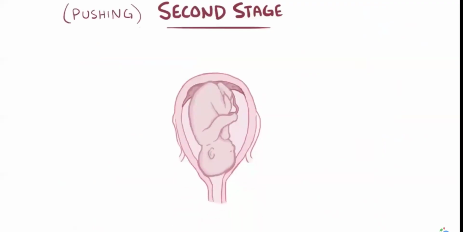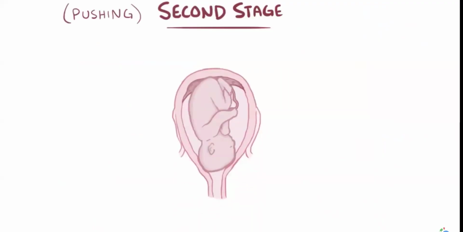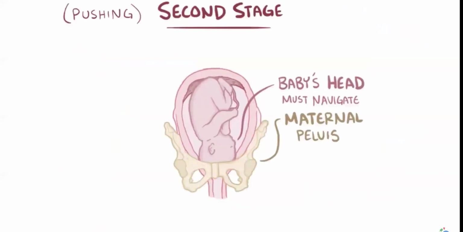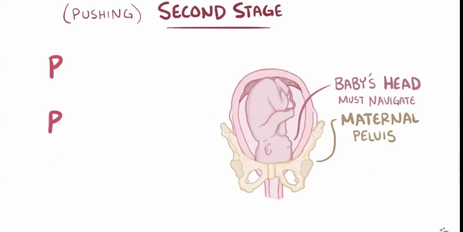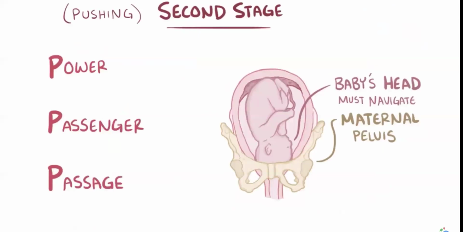Now that the cervix is fully dilated, we enter the second stage of labor, and this can be thought of as the pushing stage. During this stage, the critical thing is for the baby, and in particular the baby's head, to navigate through the maternal pelvis, and this depends on the 3 P's: power, passenger, and passage. Power refers to the forceful uterine contractions.